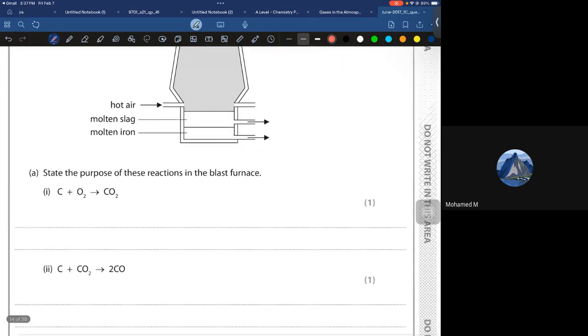So this reaction is only done to provide, or I can say to produce, energy. To produce energy, since a combustion reaction is an exothermic reaction.